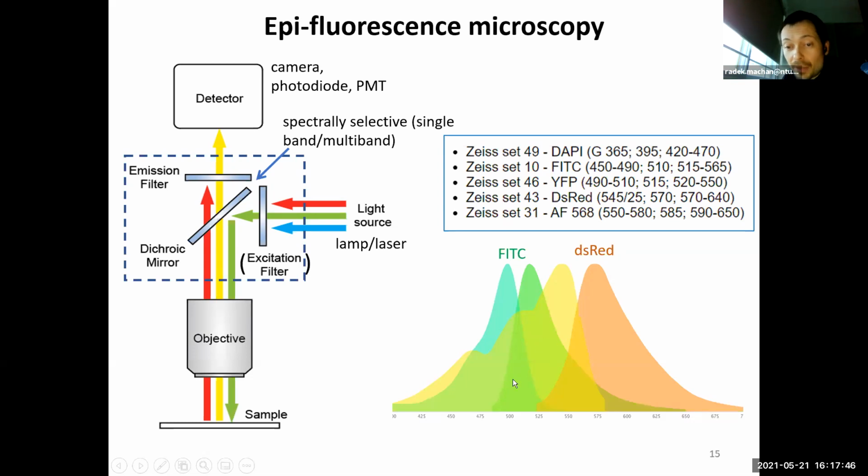You can see that if I am exciting the fluorescein, I will also quite efficiently excite DS-red. So in this case I might have difficulties, because the range of the fluorescein emission filter will also allow some of the DS-red fluorescence.